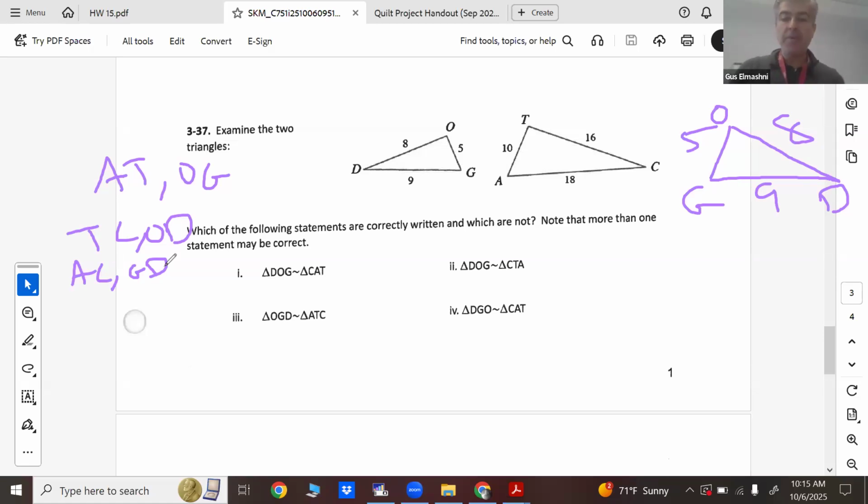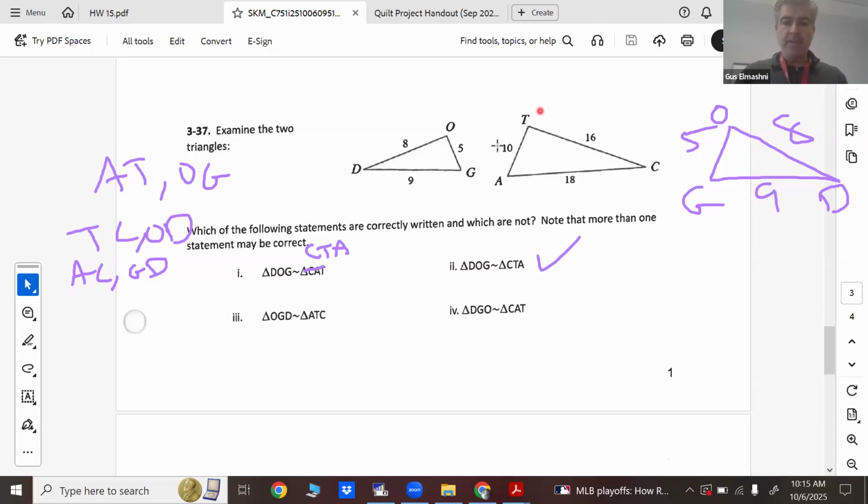Yeah, no worries. So if you go in order, DOG, let me get the laser pointer. DOG, so go CTA. That should be CTA. DOG, CTA, yes. Now, you have to go in the right order.